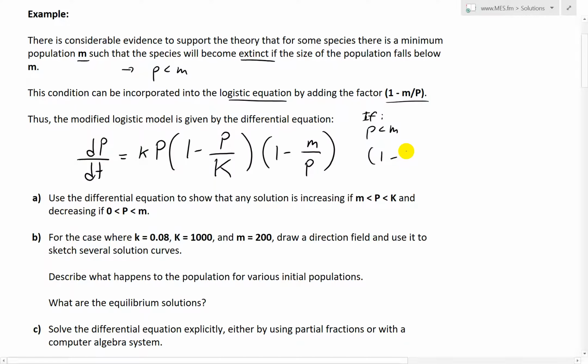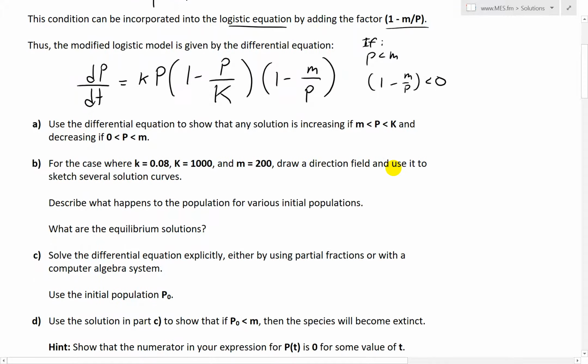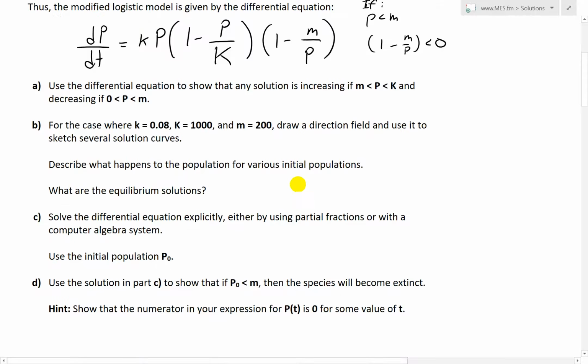So 1 minus M over P becomes less than 0, or negative. This means the population growth is decreasing, so eventually it will get to 0, and we'll go over that in this video.